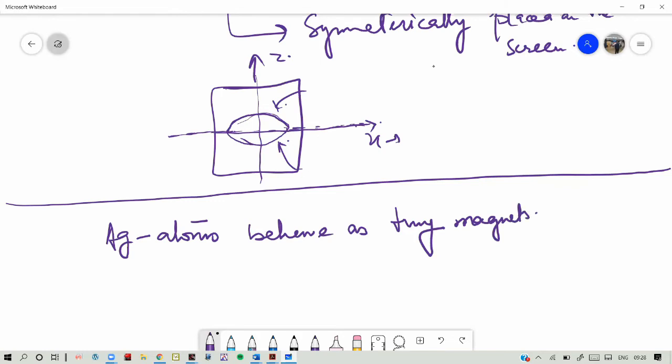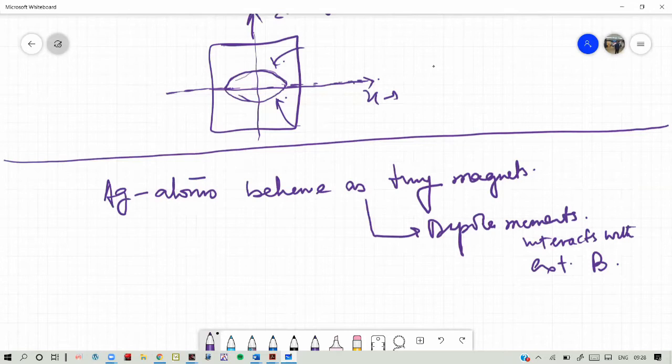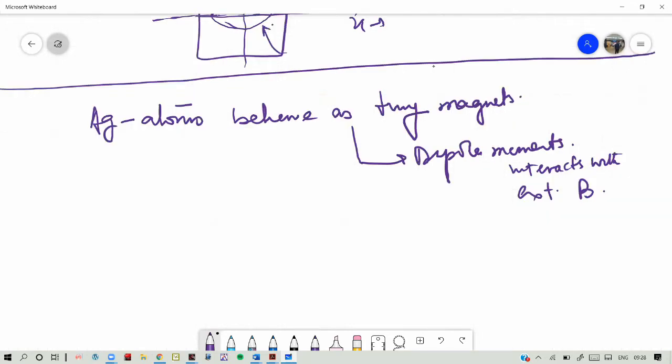Hence they have dipole moments, and this dipole moment interacts with the external B. The magnetic field will interact with the magnetic moment of those silver atoms.